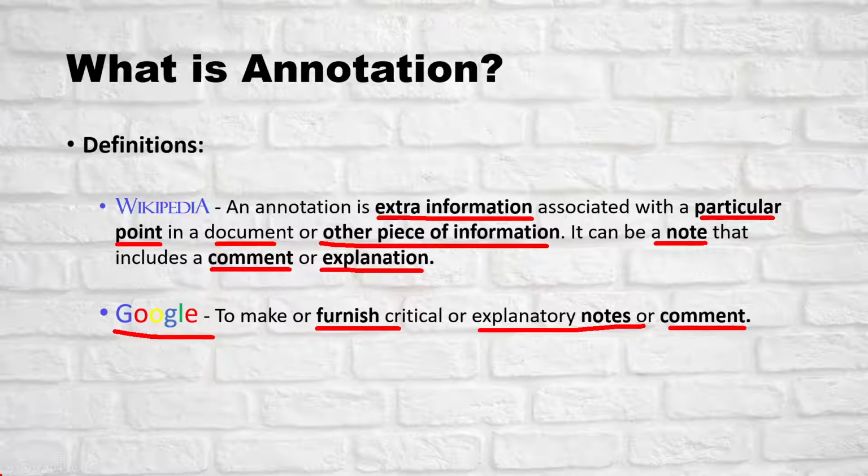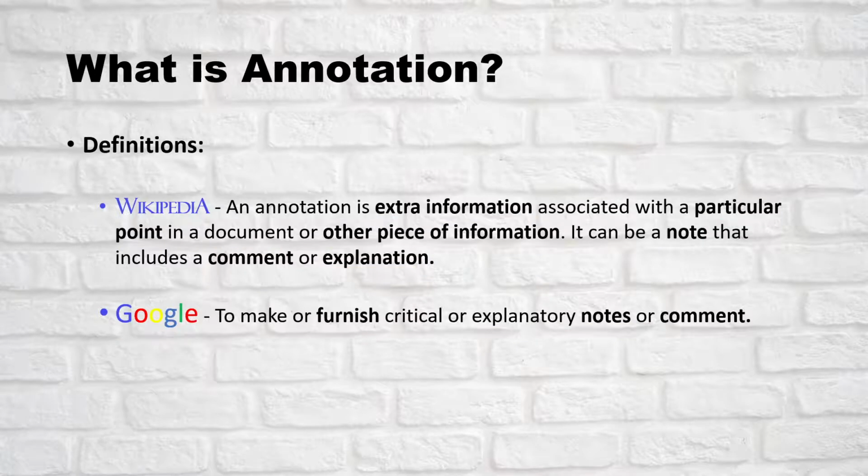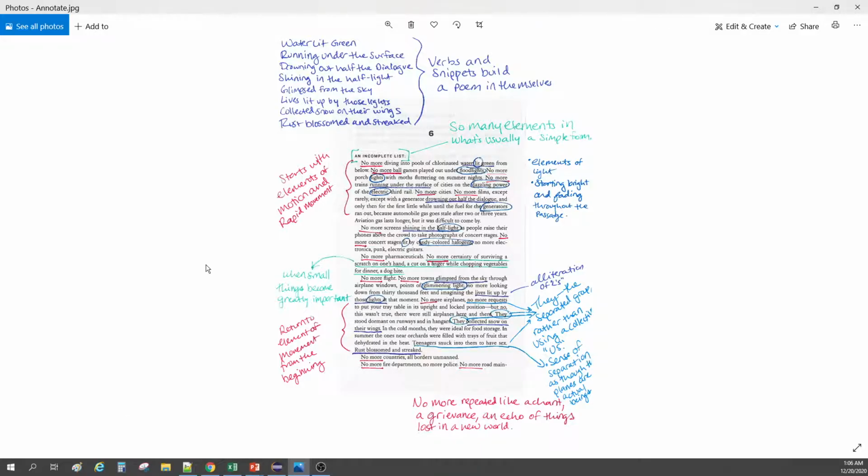Let me quickly open a document for you, and then we will come back to this definition again. So this is an image that I took from Google. If you see, this is a page from a textbook, and a person has annotated it.